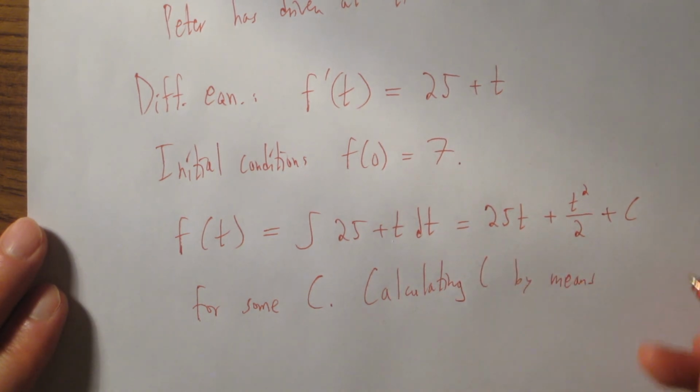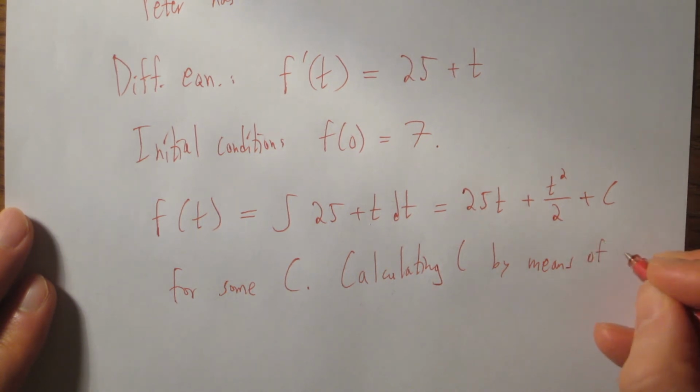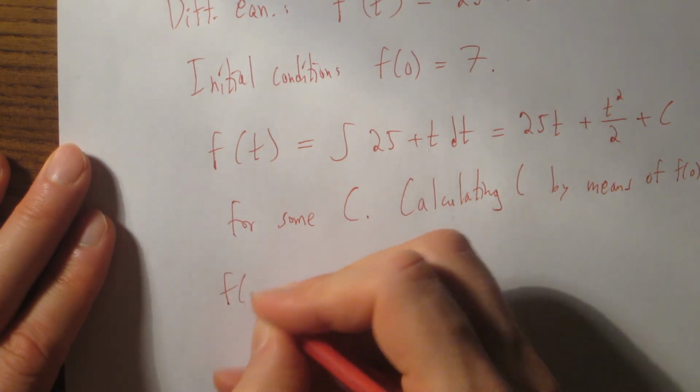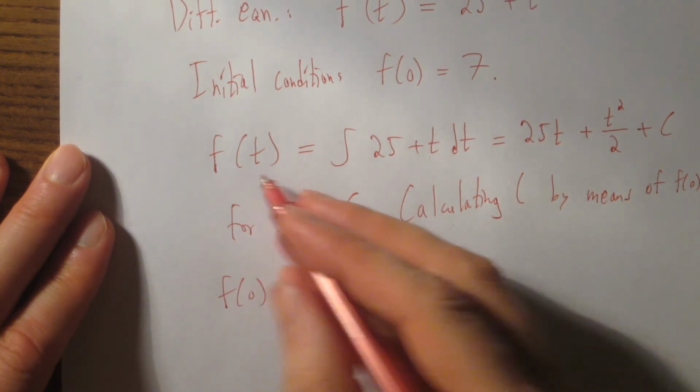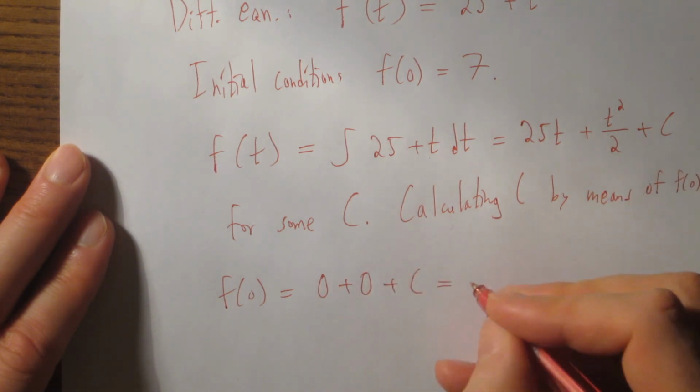And then we use the initial condition to determine what c is for us. So f of 0, if you plug in 0, you get 0 plus c. That's supposed to be 7.